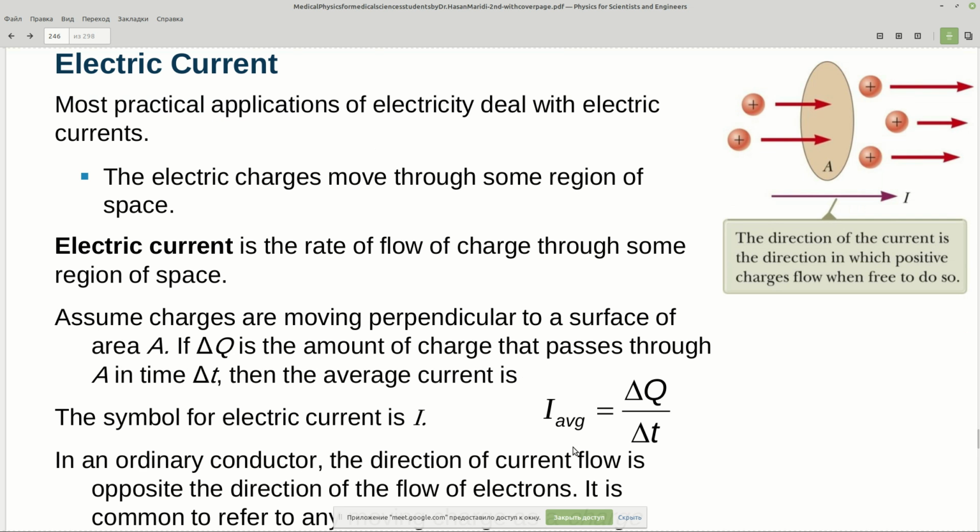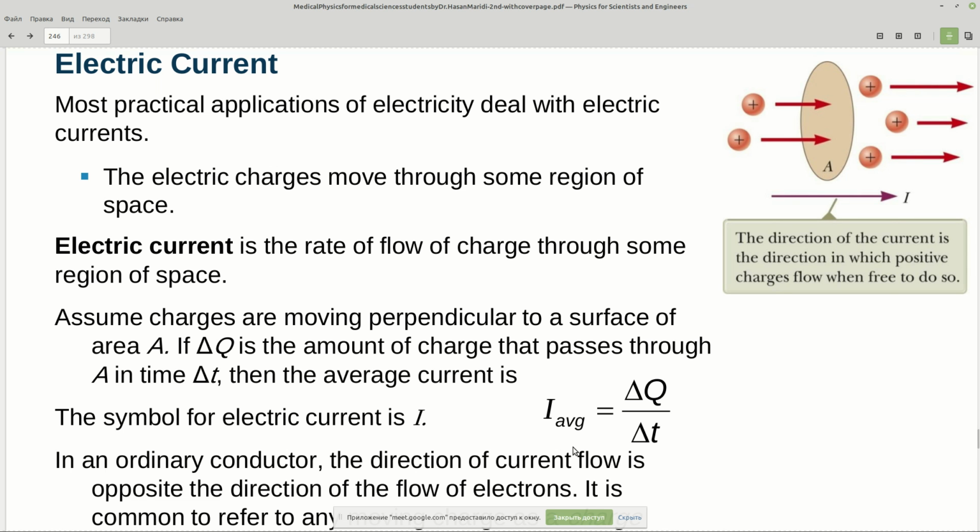Every ohmic material has a characteristic resistivity that depends on the properties of the material and on temperature. The resistance of a material depends on its geometry and resistivity. Here is the formula: L is the length of the conductor, and A is the cross-sectional area of the conductor.